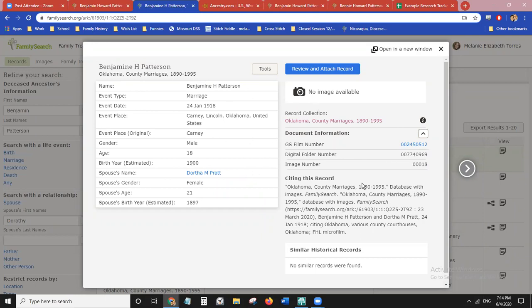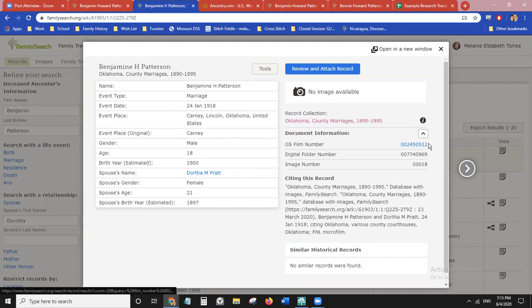Now, again, I'm not sure why the images are having such a hard time right now. I know that it was pulling up an image earlier when I was practicing before this lesson, but this also might be a good time to show how to use the catalog to look up images that aren't pulling up right here. So we have Benjamin Patterson. The marriage date was this day. All this good information. So all that information matches, but I want to see if I can see the image.